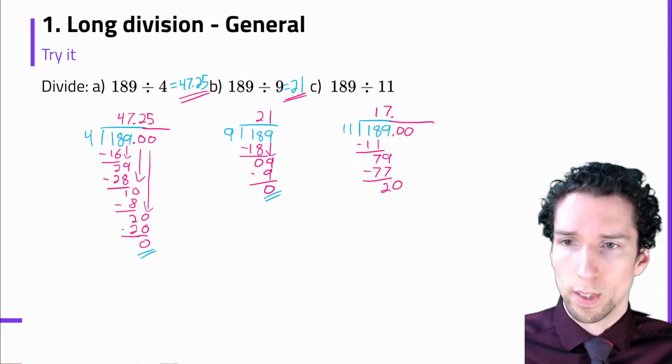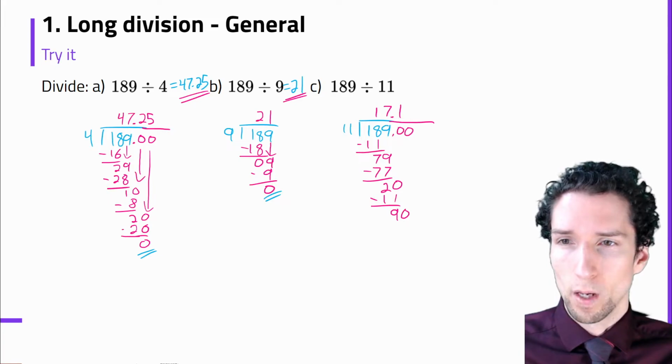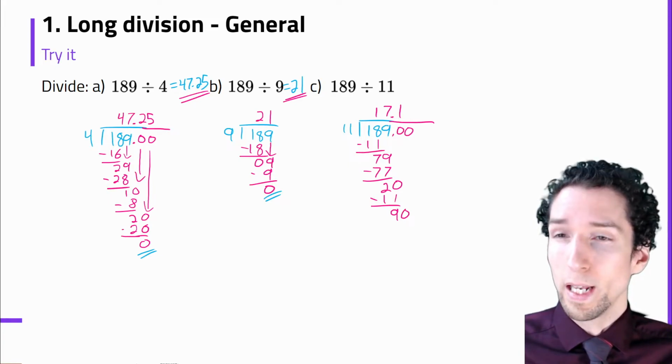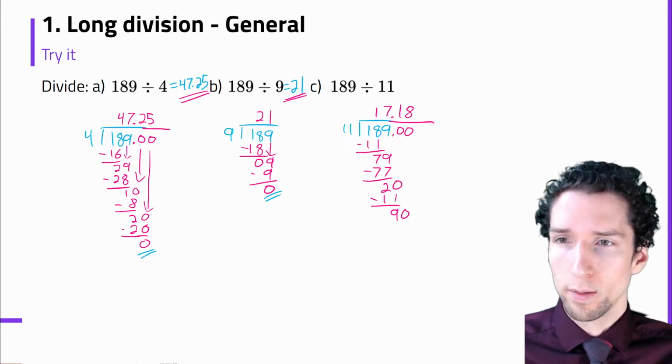So 0, 11 into 20 will go in once. So 11, and that will give us 9. Bring down that 0, 11 into 90. Well, 11 will be 88, so 8 times there.